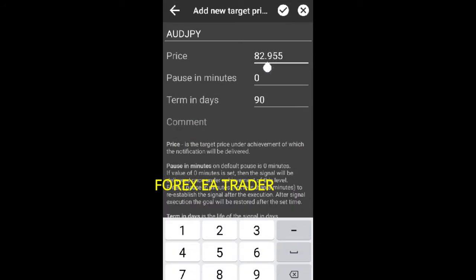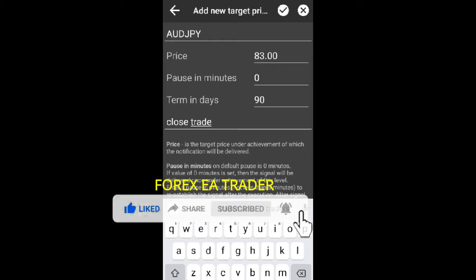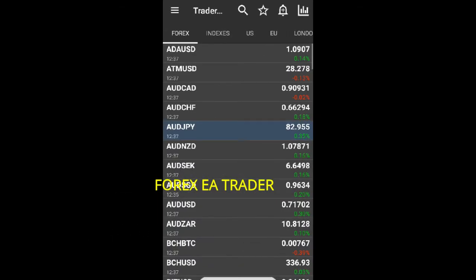Maybe we want it to come to 8300, and I'm just showing you an example here. We want to close trade. I'm not even in this trade, but anyway, close trade, and that's it.